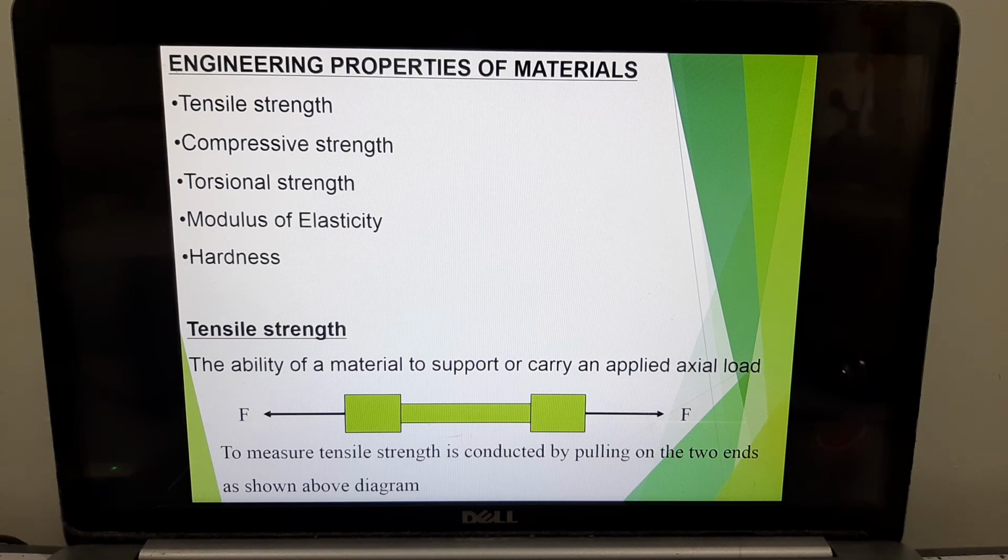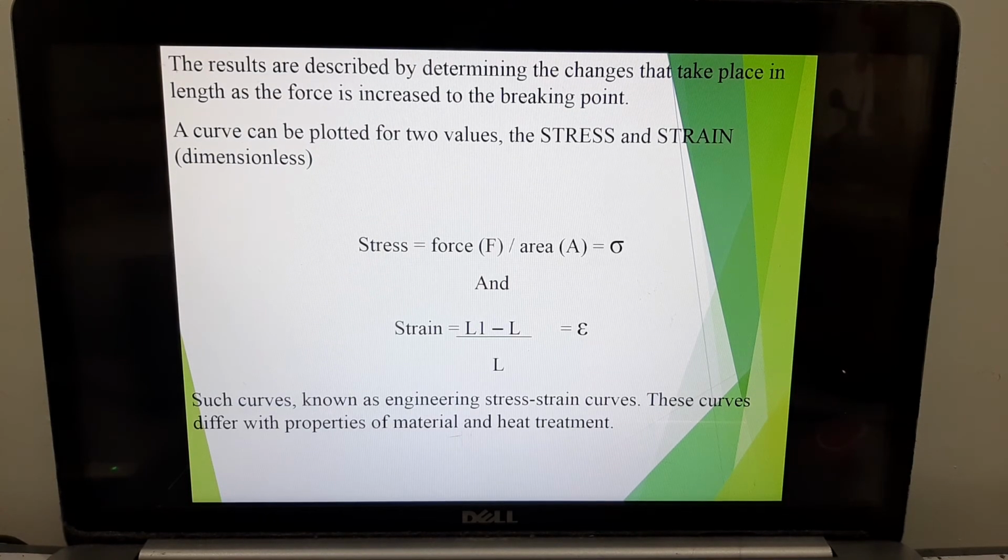Tensile strength is measured by pulling on two ends as shown in the above diagram. The results are described by determining the changes that take place in the length as the force increases to the breaking point. So a curve can be plotted for two values, stress and strain.